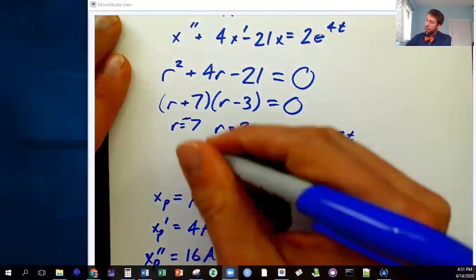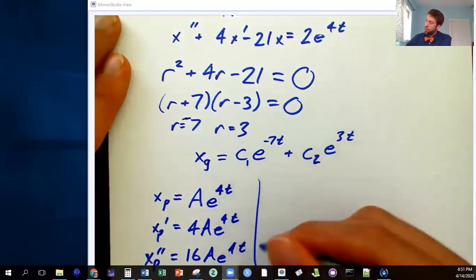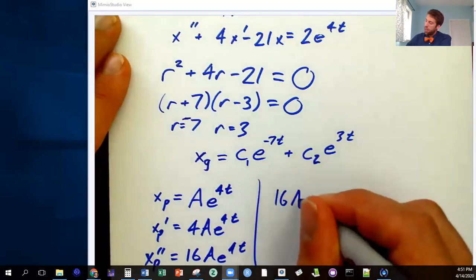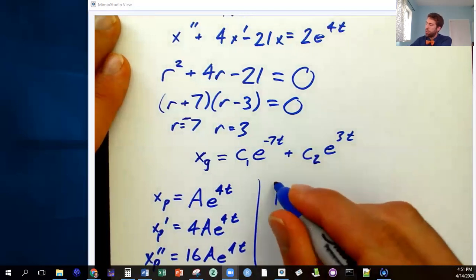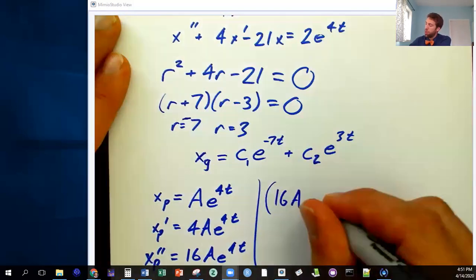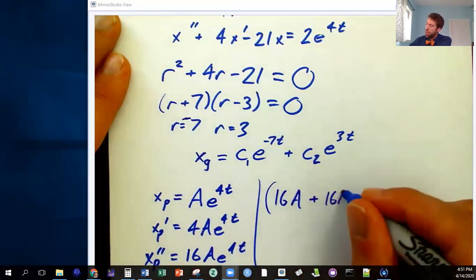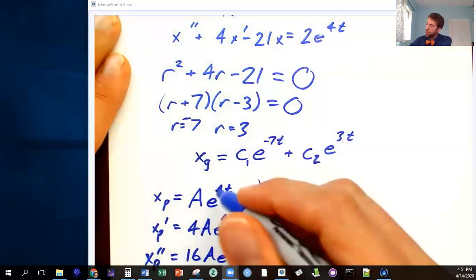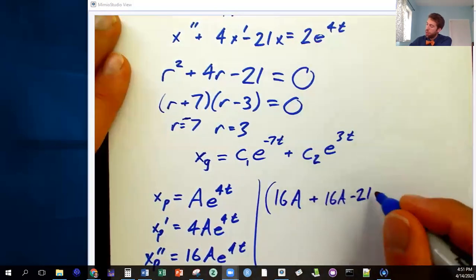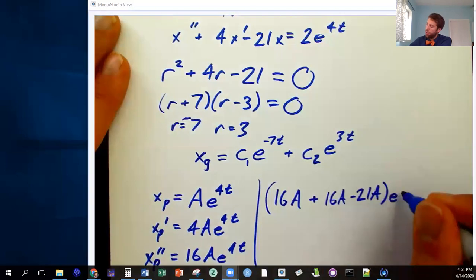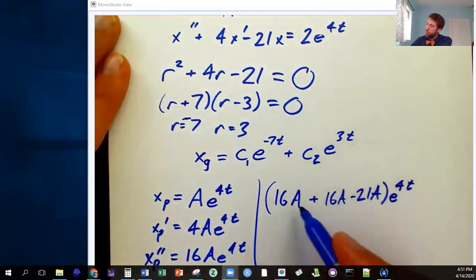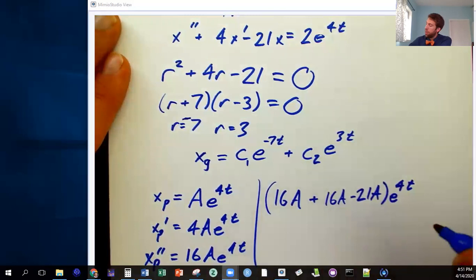So putting that there gives me 16a, and I'm going to factor out the e to the 4t, plus 4 times that is 16a, minus 21 times that is minus 21a. I factored out the e to the 4t because each term would have an e to the 4t in it. Okay, equals 2 e to the 4t.